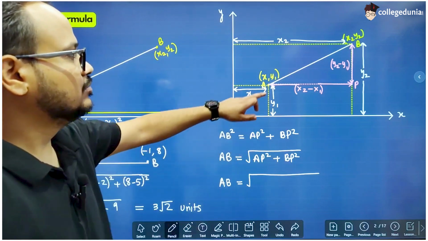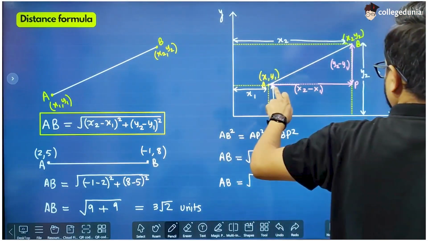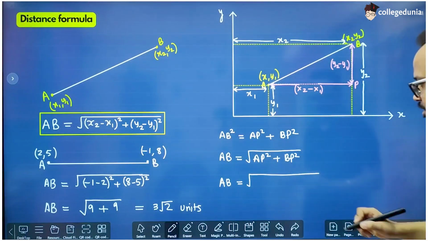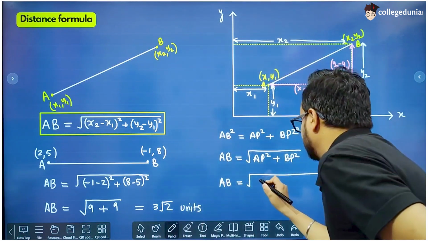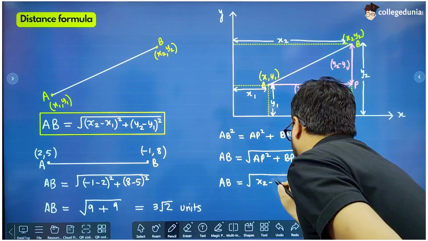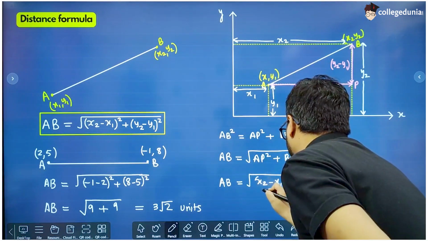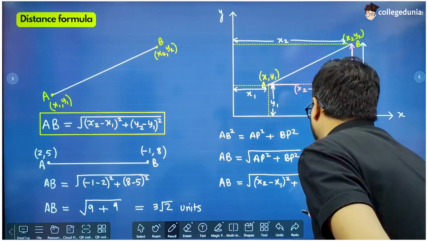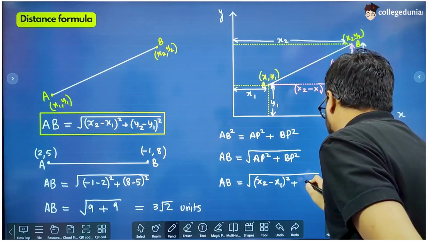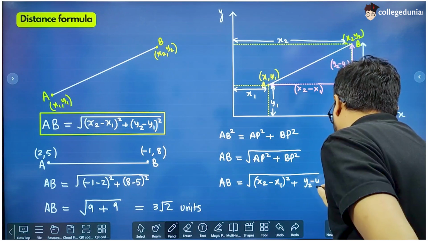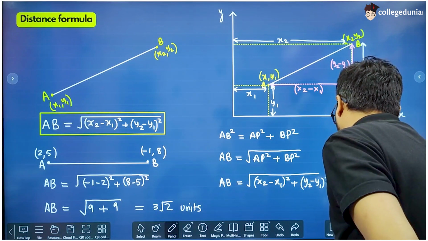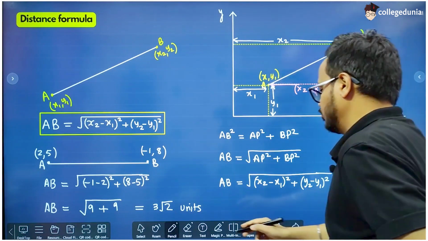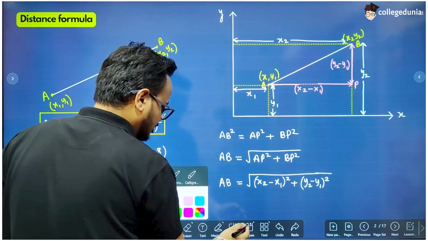AP is x2 minus x1, right? So this is x2 minus x1 square plus BP square. BP is y2 minus y1 whole square. So this is our distance formula.